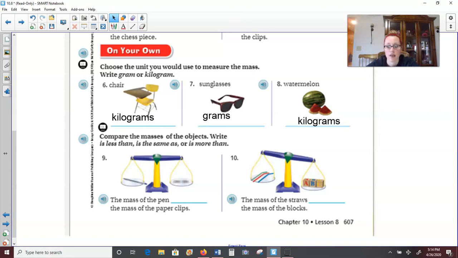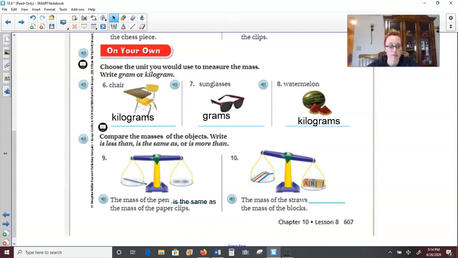All right, and then 9 and 10, again, we're using these scales to help us compare the masses of the objects. So for number 9, we have a pen and some paper clips, and since I see that the scale is at the same level, I would say the mass of the pen is the same as the mass of the paper clips.